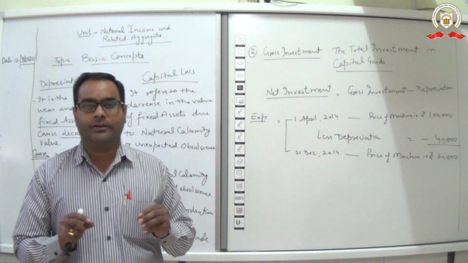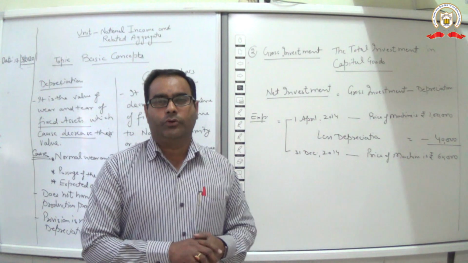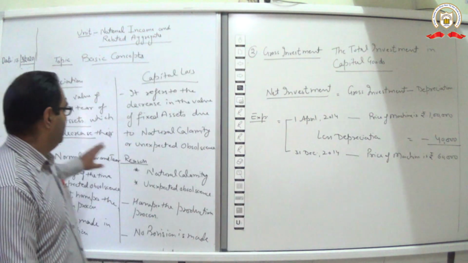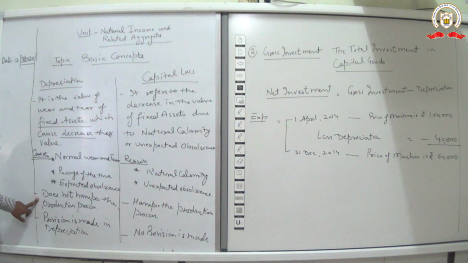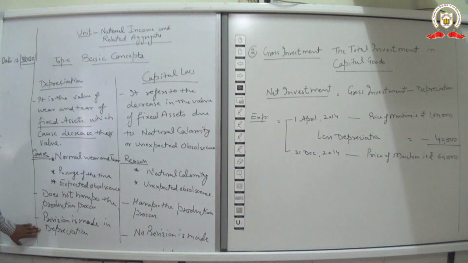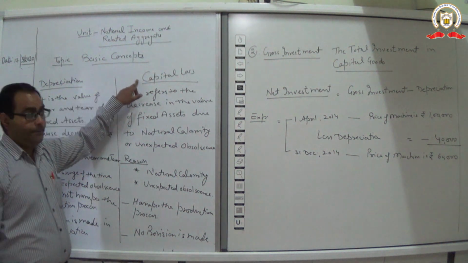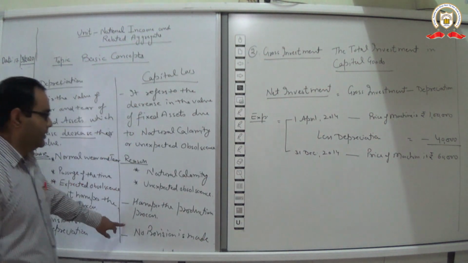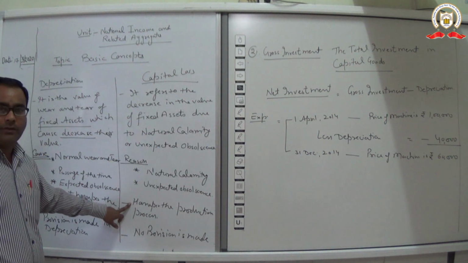So in that case, certain amount is kept so that we can replace the older machinery with the new one. So it does not hamper the production process because of making the provision of depreciation. Whereas in capital loss, we do not make any kind of provision, so it affects our production process.